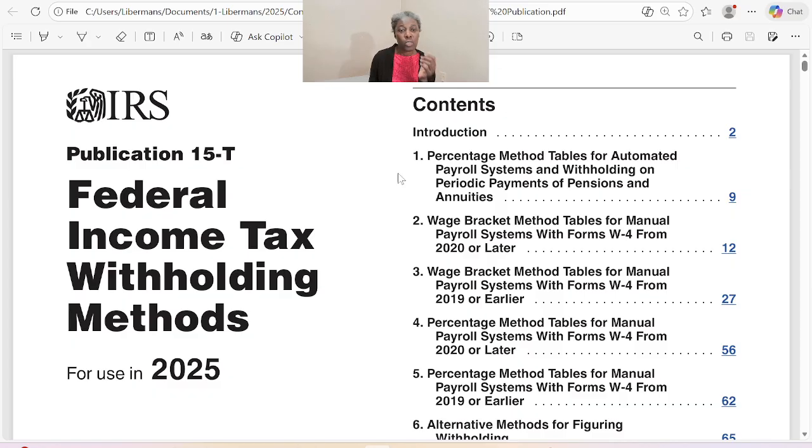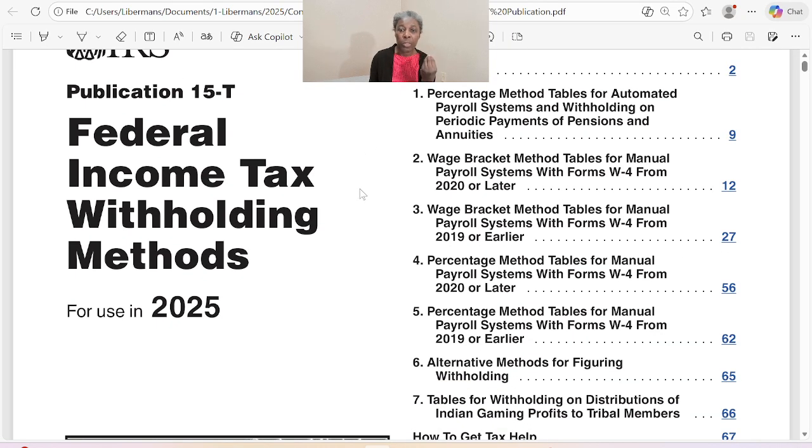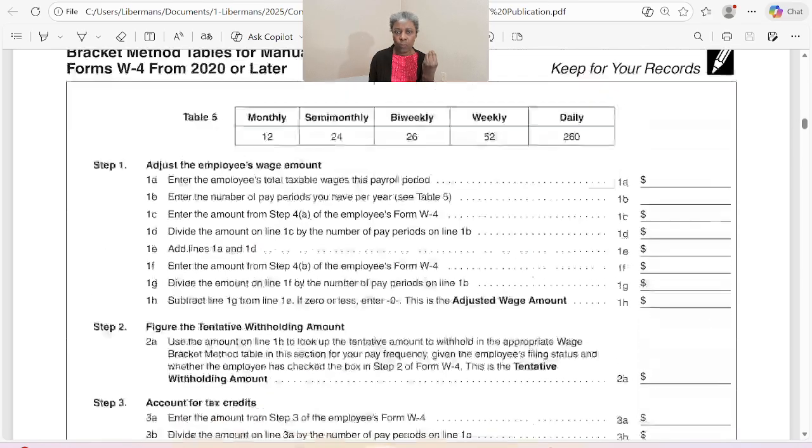If you are not sure how to withhold federal income tax from your staff members' wages, they have Publication 15-T that you might read more about. You can choose the option that you like to go with, and I believe I like option 2.